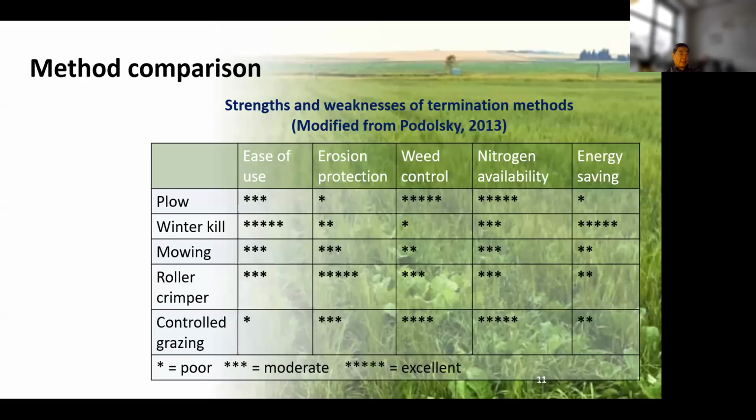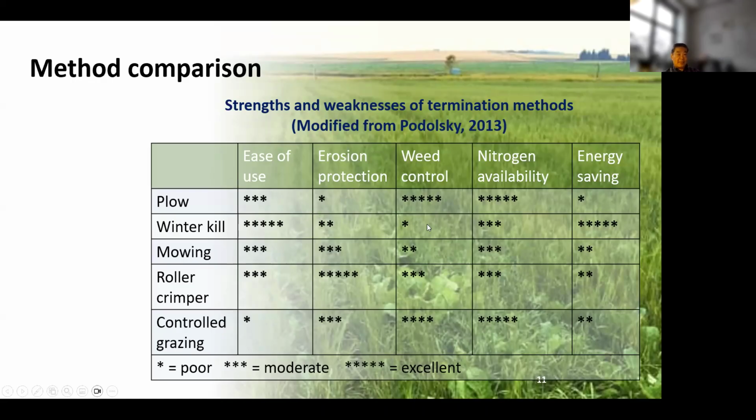Now I want to summarize the methods comparison, and we talk about strengths and weaknesses of termination methods. This table I modified from the Podolsky 2013 summary. For plowing, easiness is 3 stars, and erosion protection was poor, only 1 star.